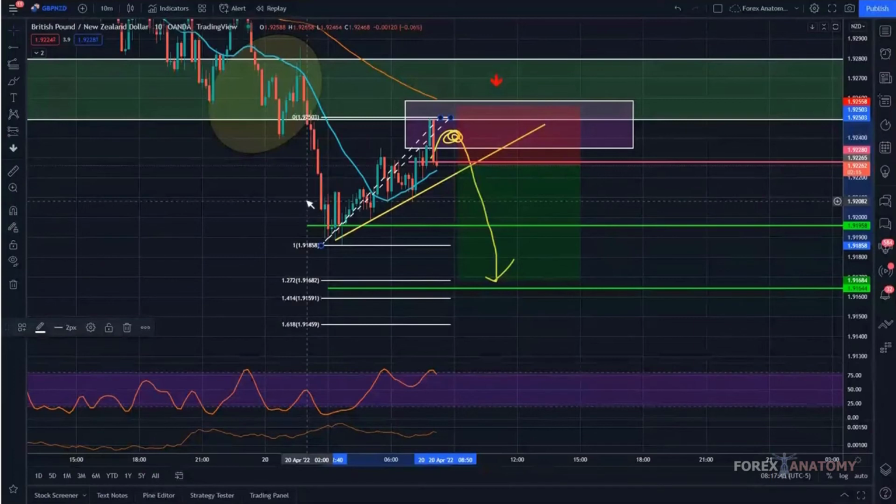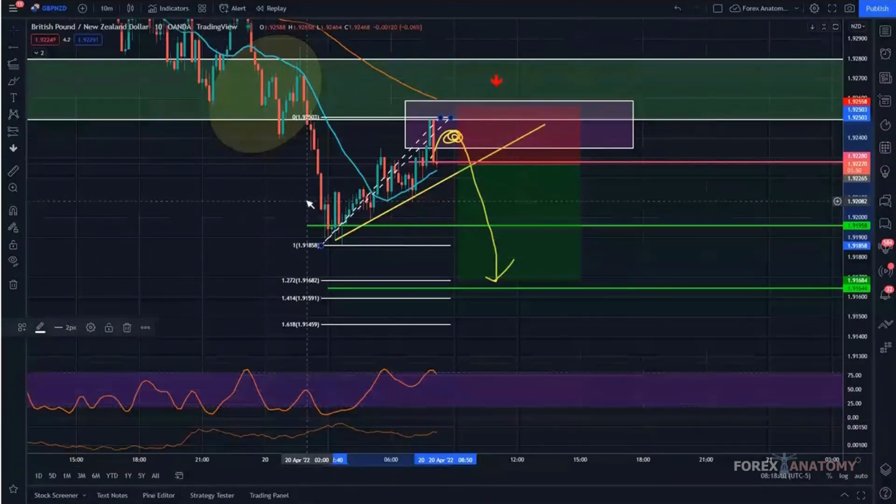What's the stop loss? Okay, I got my stop at 1.9256, and you guys could do something around that area.